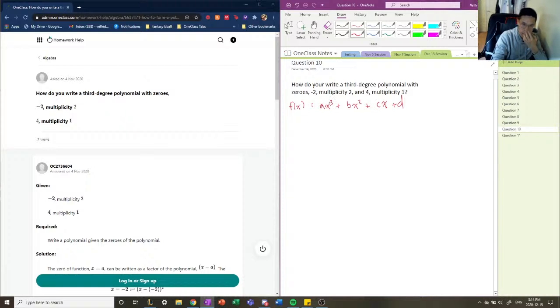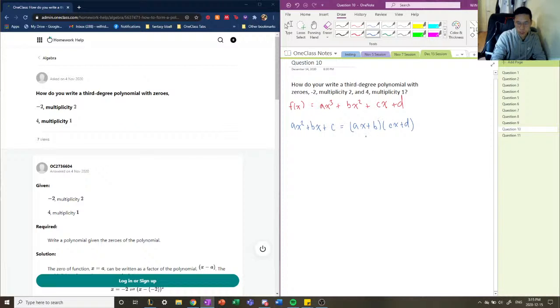In previous sessions I talked about the factors, right? For a second degree polynomial the factors can be like ax plus b times cx plus d, so this is the factored form. The multiplicity relates to the power of each of these factors.